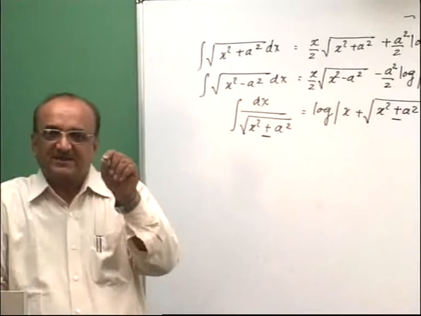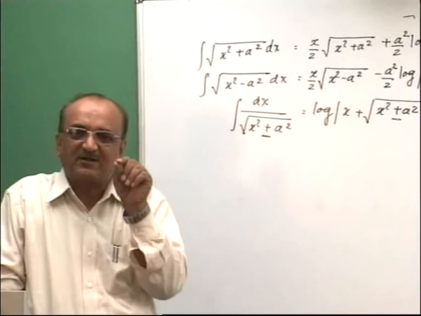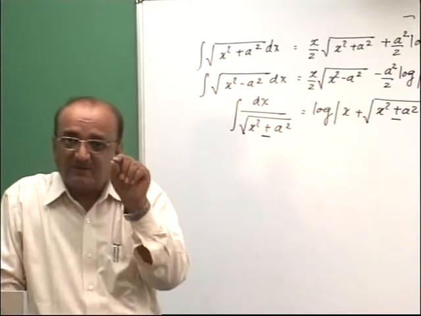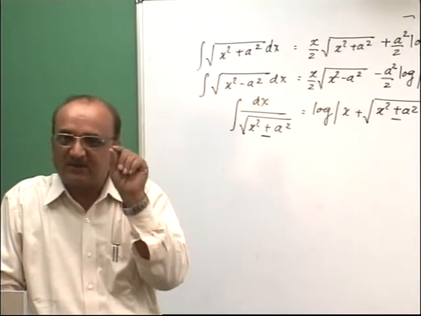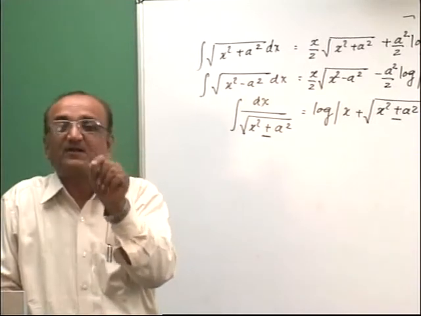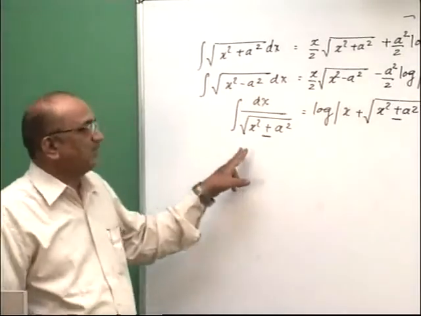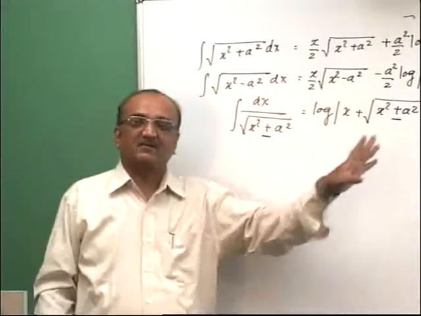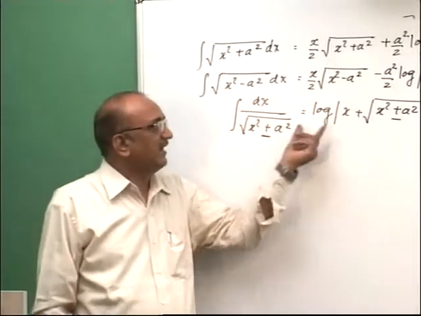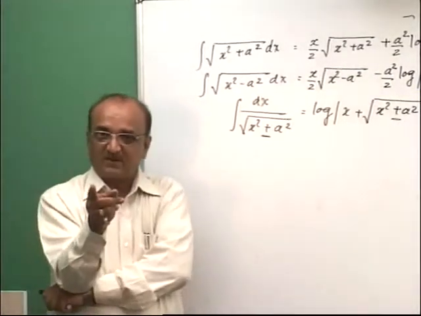The second formula is the integration of root of x squared minus a squared dx. Then you can write x by 2 square root of x squared minus a squared, minus a squared upon 2 logarithm of modulus x plus root of x squared minus a squared, plus c. You should be very careful about the plus and minus signs. And I have written these forms for revision because they are applied in several examples: dx upon root of x squared plus a squared gives logarithm of modulus x plus root of x squared plus a squared, plus c.